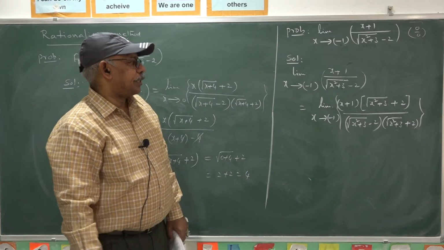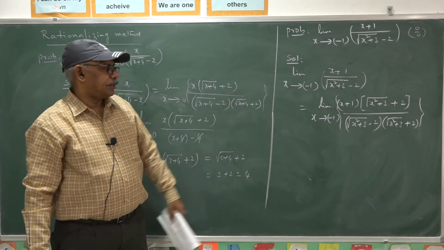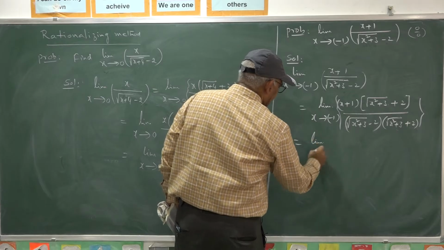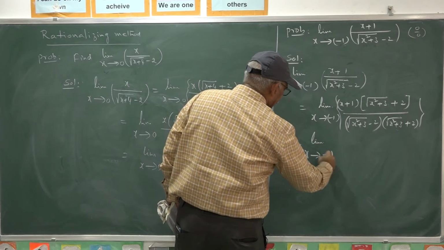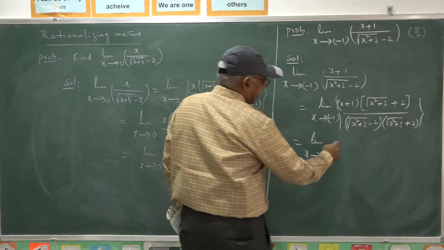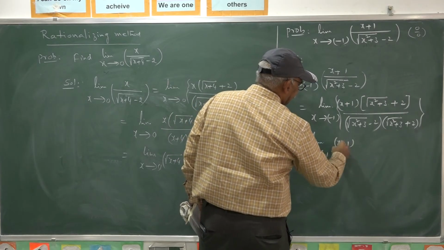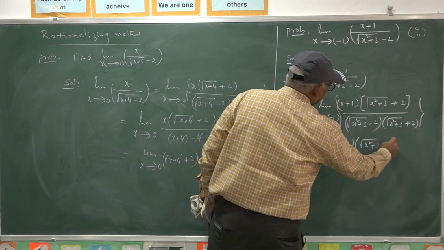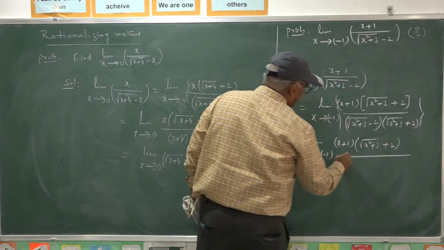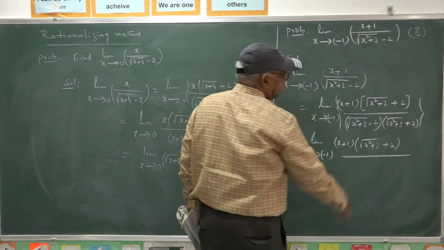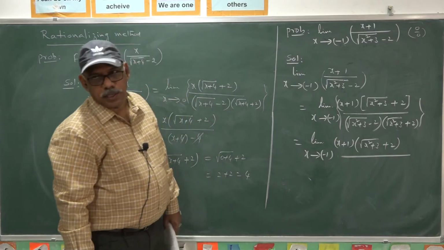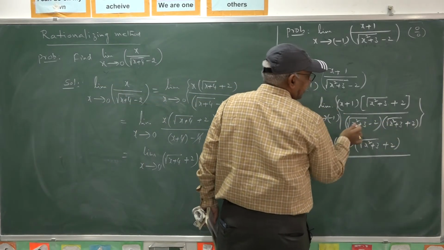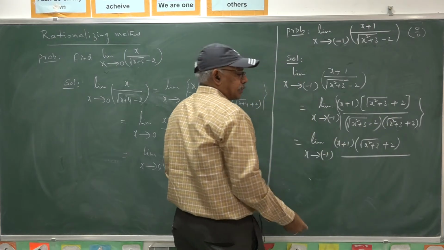By rationalizing the denominator, the limit takes that form. So this is the limit as x goes to minus 1 of x plus 1 into root over x square plus 3 plus 2 by, in the denominator, the factors are of the form a plus b into a minus b, which is a square minus b square.